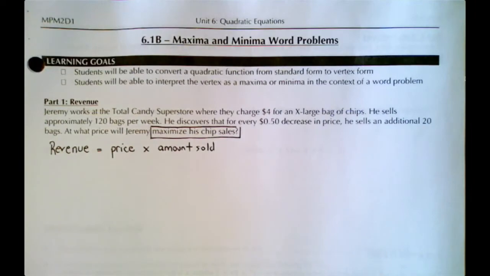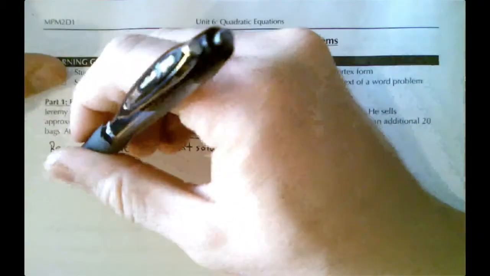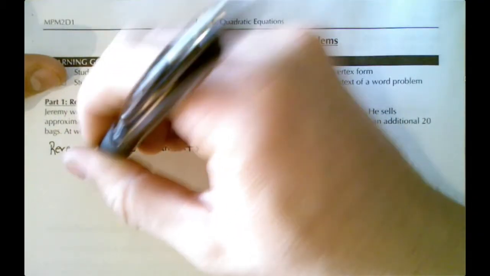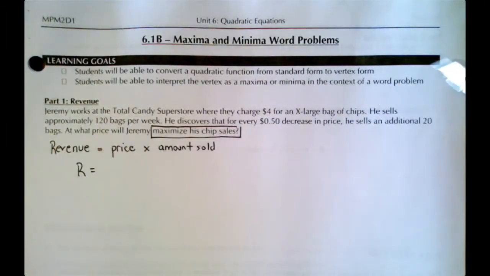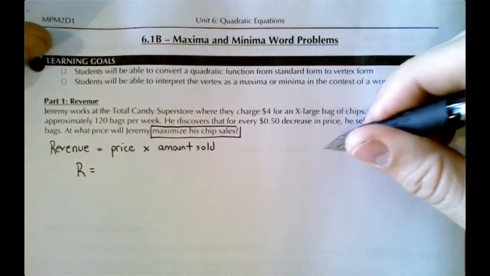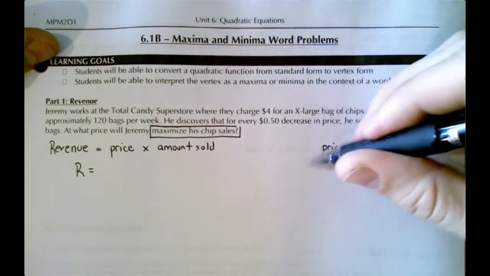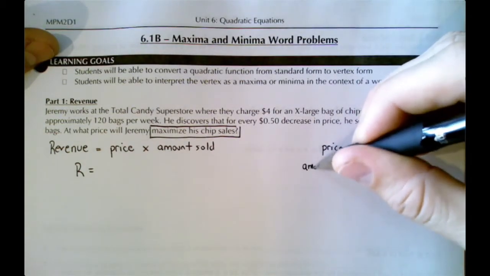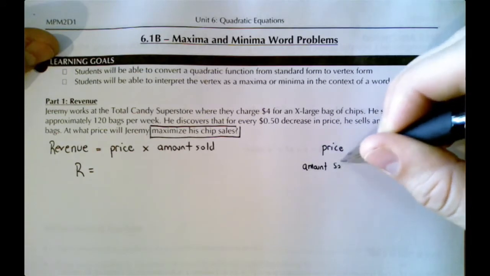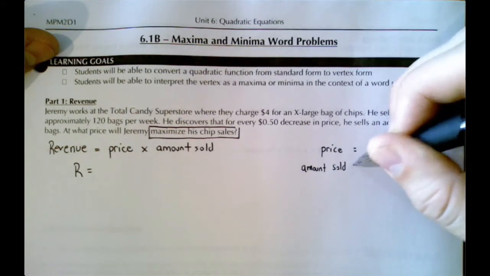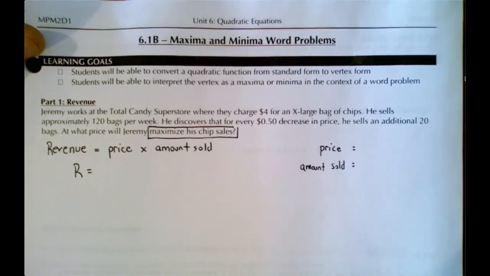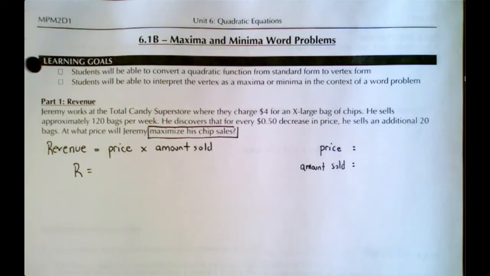So, in order to come up with an equation for revenue, or R, we need to write a little mini equation for price, and we need to write one for amount sold. So in your questions, you're always going to have information about price and information about number sold.